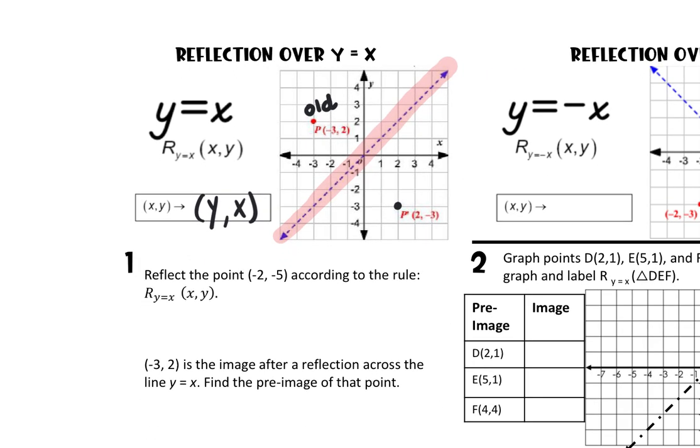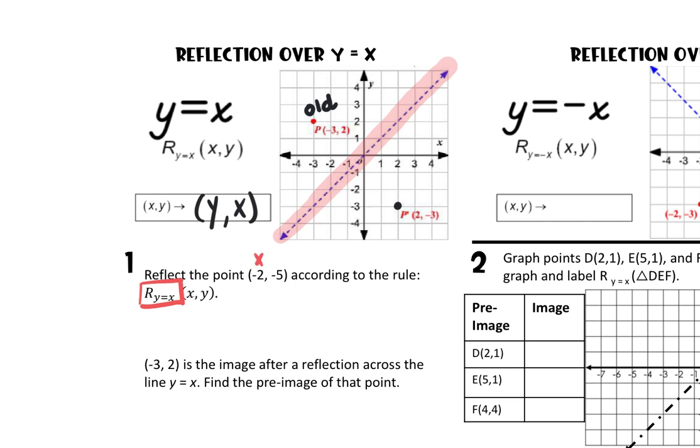Let's do some examples to get a hang of how to use this rule. The first example says, reflect the point negative 2 comma negative 5 according to the rule. And it's reflecting over the y equals x line. We're going to be using that swapping of the position. So let's look.